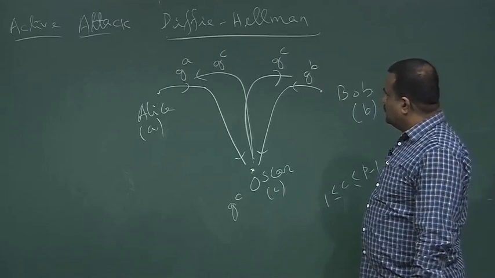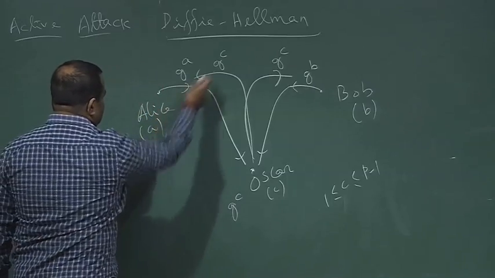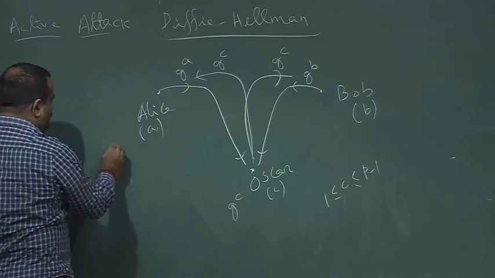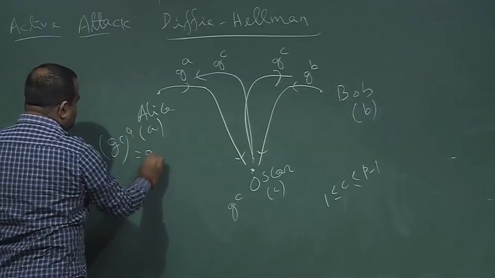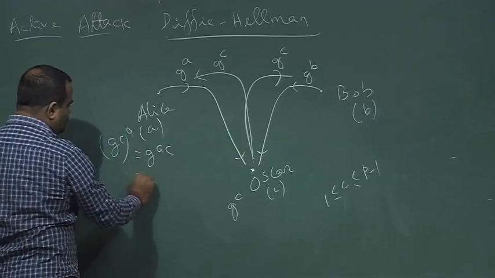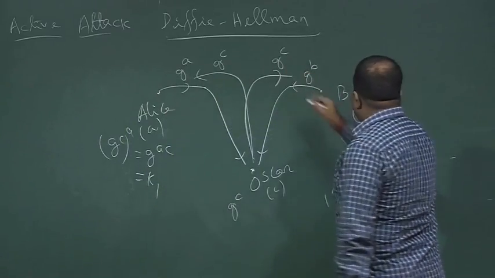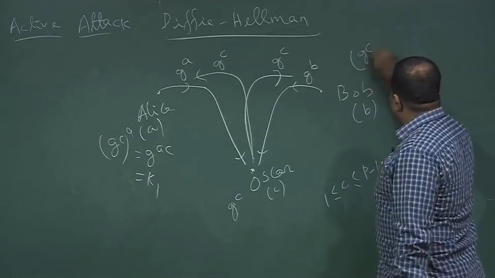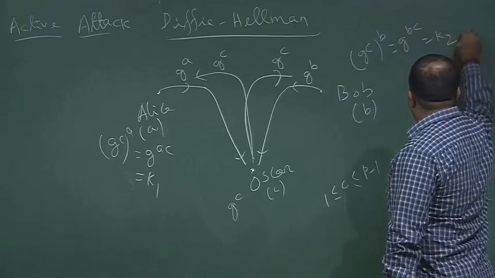So now, what is the attack? Alice receives G to the power C, so Alice computes G to the power C to the power A, which is G to the power AC. This is K1. Bob receives G to the power C, so Bob computes G to the power C to the power B, which is G to the power BC, which is K2.